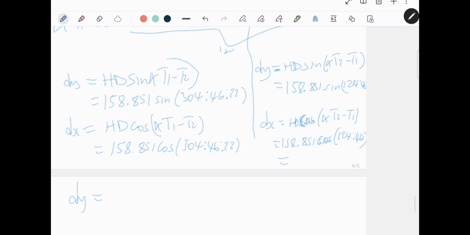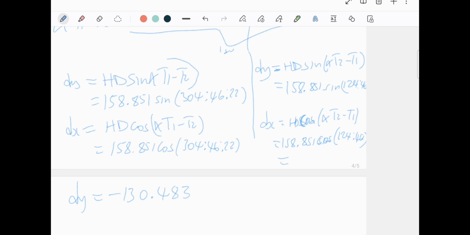So now when you press these things, for dy we're getting 158.851 sine 304, 46, 22. So here for dy, I'm getting negative 130.483. Then 158.851 cos 304, 46, 22.